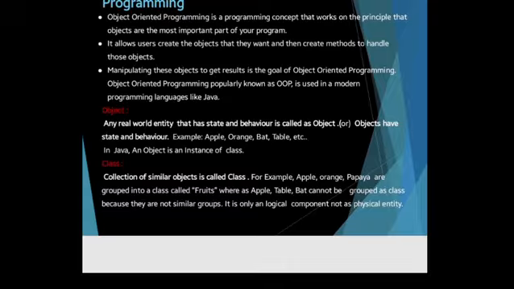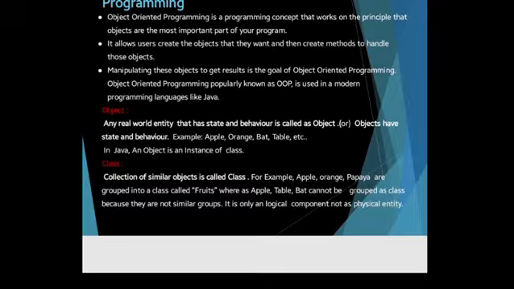Instead of creating one large program, we divide it into different objects like student, teacher, department, library, and course. Each object has its own information and responsibilities. The student object stores student details while the library object manages books. This makes the program well organized, easier to understand, and easier to maintain.